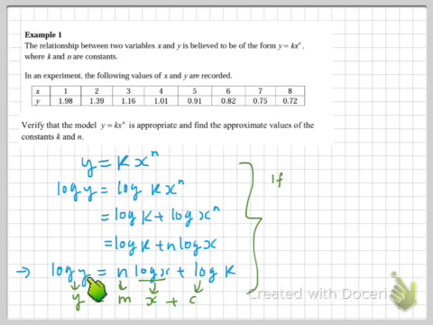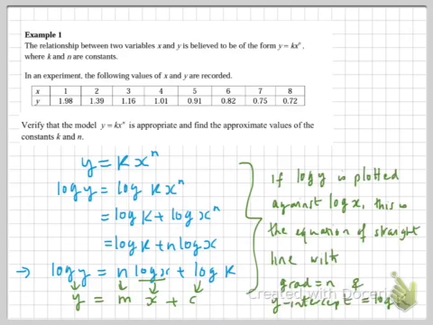So I've got log y equals n log x, so I brought this part down over here, plus log k. This essentially is in the form of y equals mx plus c. So this part is your y, n is your m, your gradient, and log x is like your x, and c is the y-intercept.